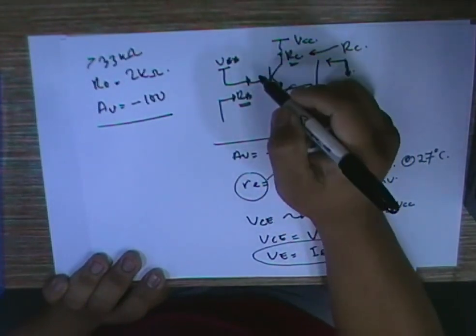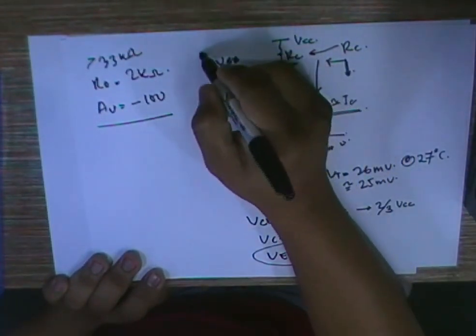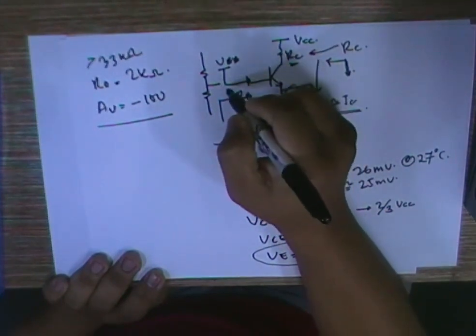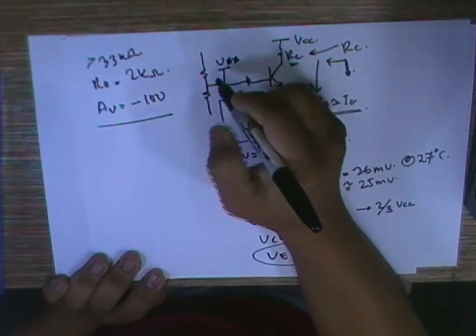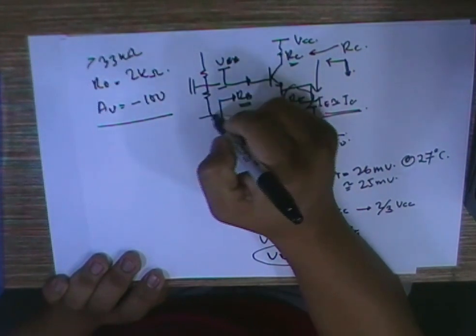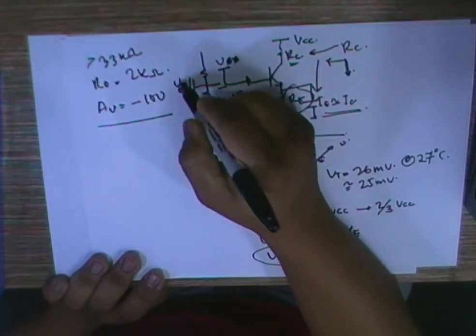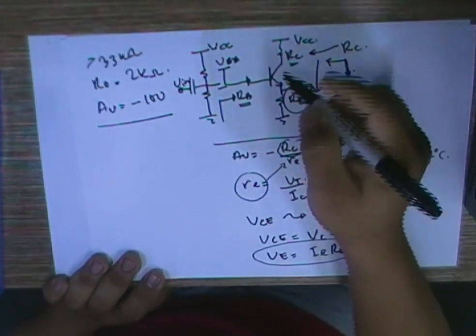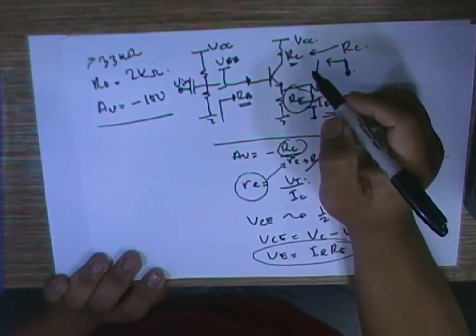I know a few things that I have in mind. If I have this thing to replace this, this is my V in, so that I can have a common supply voltage.